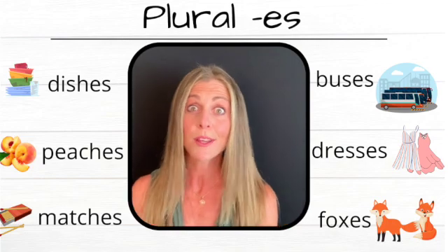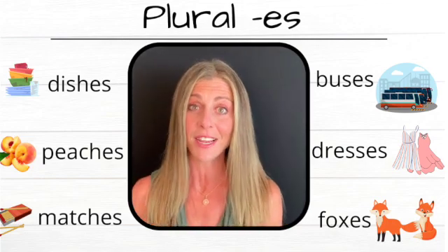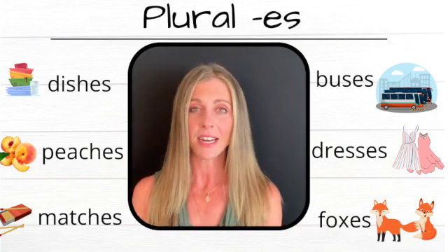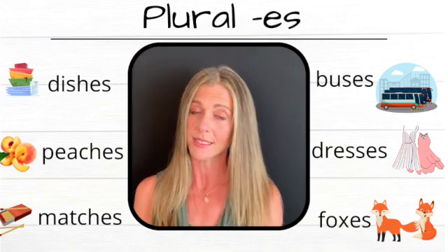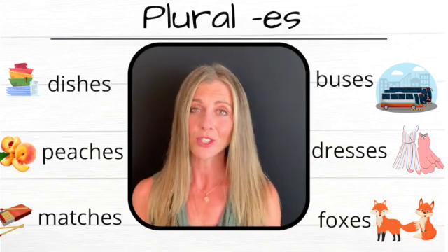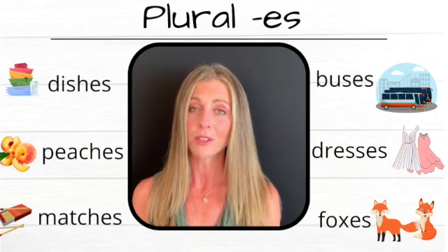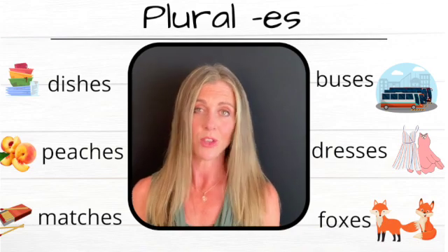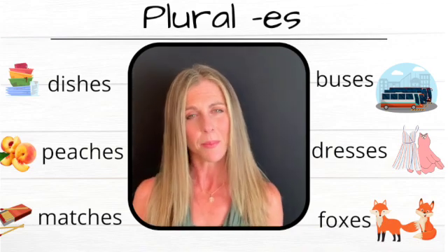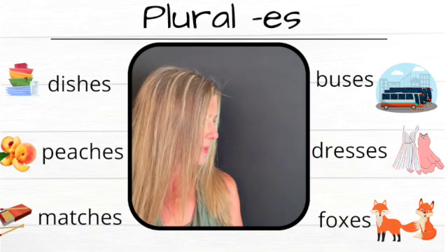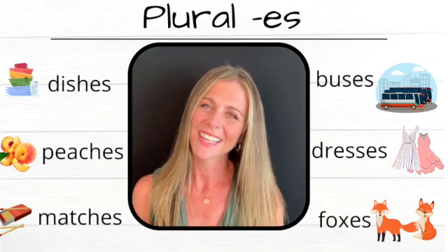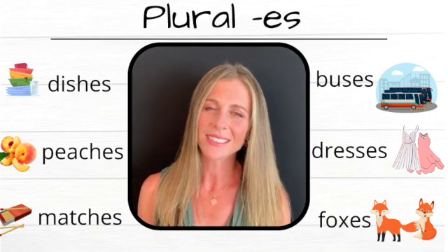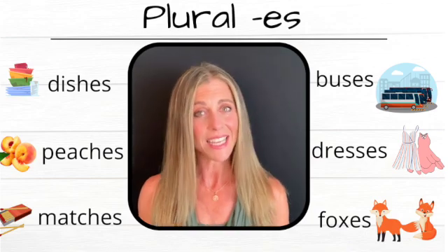It would look really weird to us there to have three S's together. So we need to recognize dress ends in two S's. And when a word ends in two S's and we make it plural, dress becomes dresses. You can see the ES. And on the bottom there, fox is the base word. What does fox end with? That's right, X. And we have to add the ES.